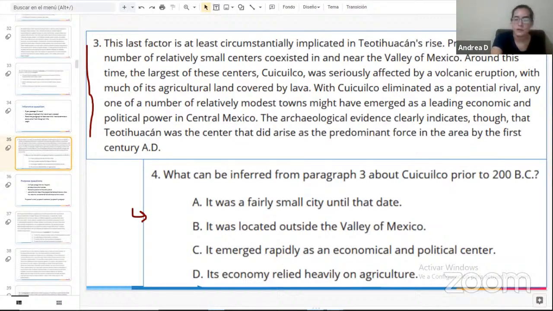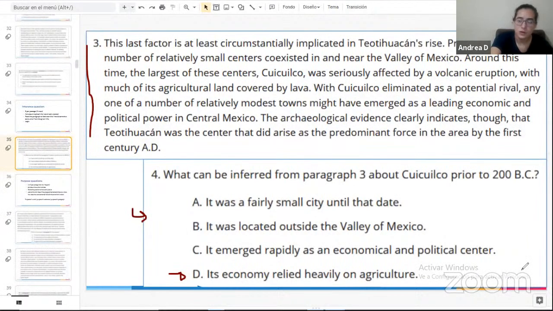Okay. So what's your take? What would you say? Letter D. Okay. Do you all agree with D? Anybody has a different opinion? No, you all agree?